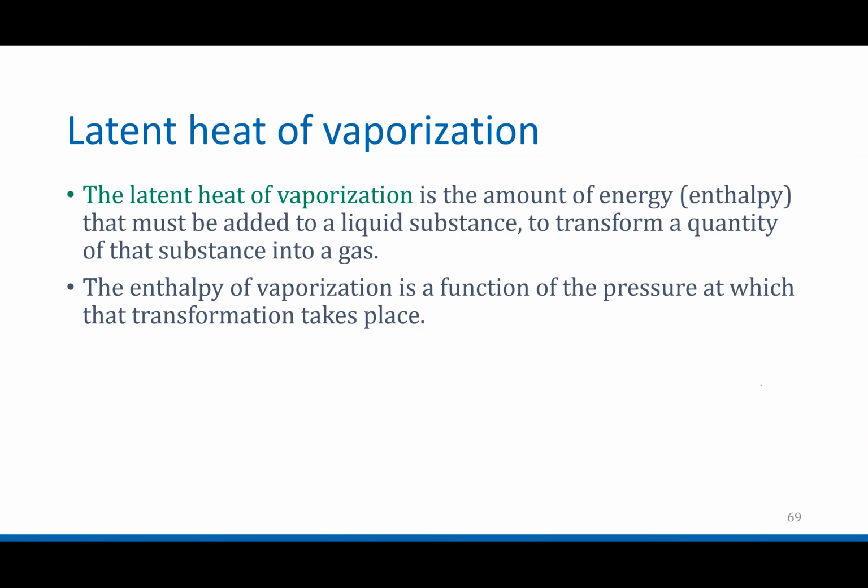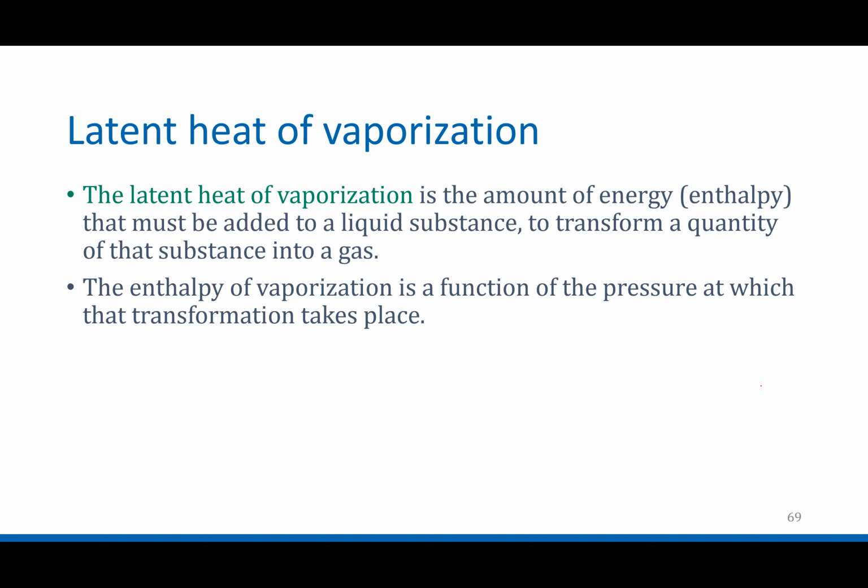The last one is more of a physics term to me than it is a chemistry term. So you guys would have learned about latent heat in physics. The latent heat of vaporization is the amount of energy it takes to turn a liquid into a gas.